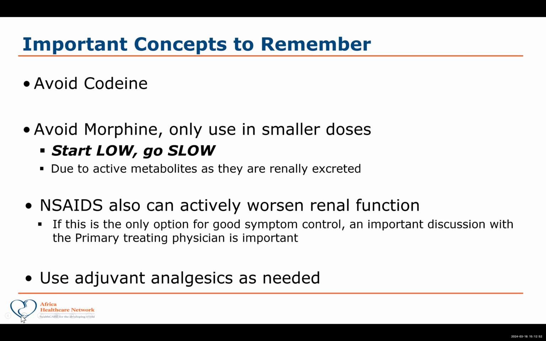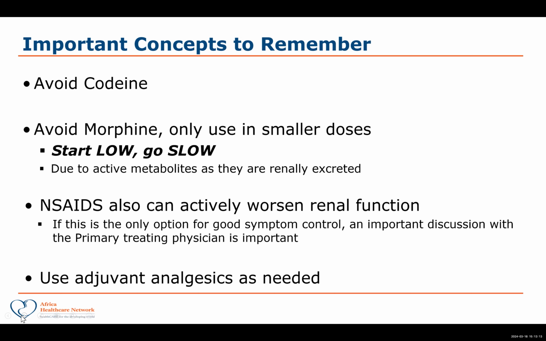We usually say only to use it in smaller doses, if you have to. So start low and go slow. And again, this is because the active metabolites in these drugs are excreted through the kidneys. Also NSAIDs, so non-steroidal anti-inflammatories, can actively worsen our patient's renal function.